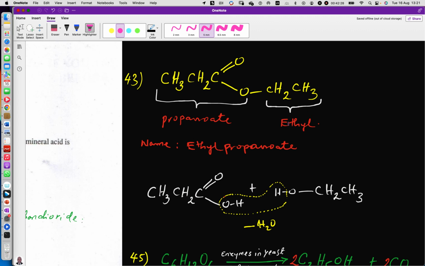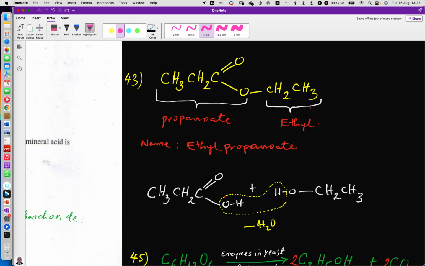Since the alcohol has an ethyl group, we will call it ethyl propanoate. If it was a methyl group, that is CH3, we'll call it methyl propanoate. If there were 3 carbon atoms, we'll call it a propyl group, and the name would be propyl propanoate.